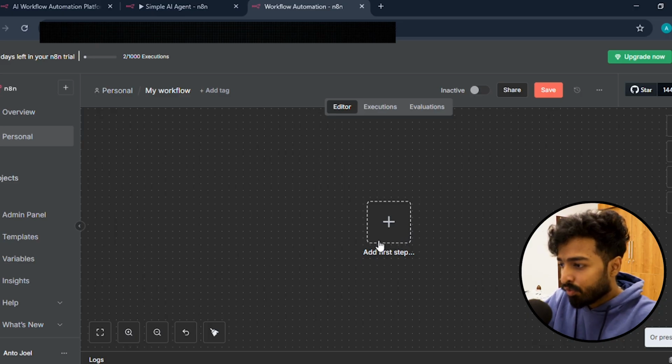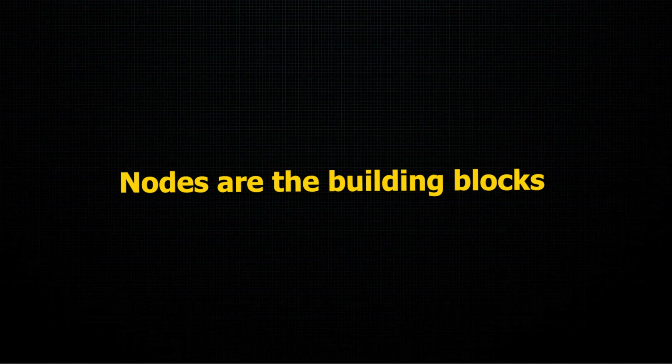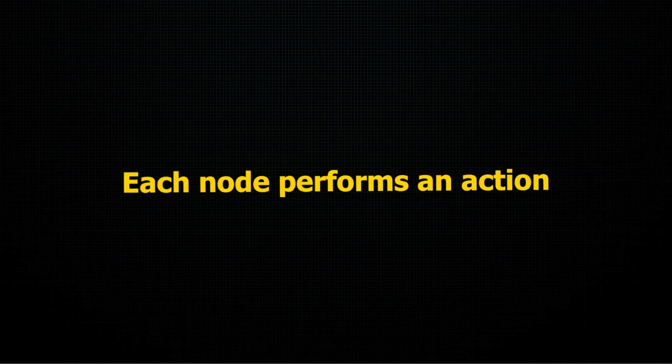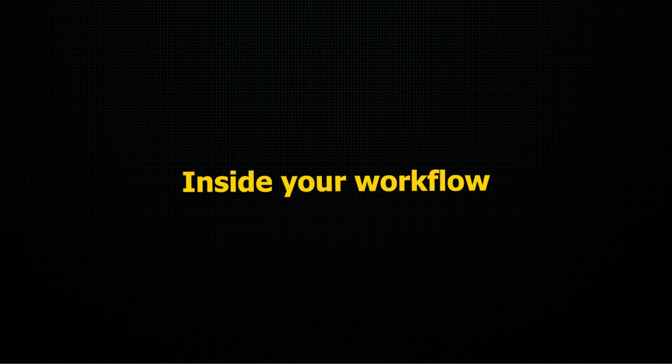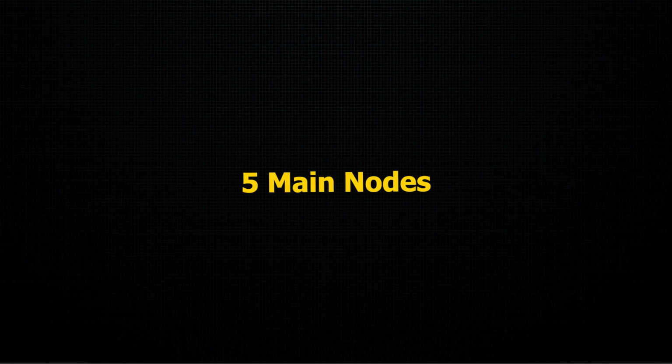Inside that workflow, you will work with something called nodes. So what are nodes? Nodes are the building blocks of your automations. Each node performs an action inside your workflow. They can be apps, functions, tools, and more. Coming to the nodes, there are actually five main types that you need to understand. The first one is triggers.